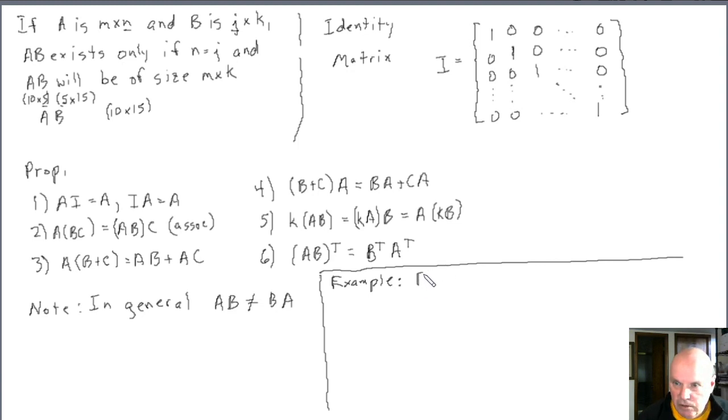This is exercise 2.3.16a, where we're asked to simplify this matrix algebraic expression: A times (3B plus C) plus (A minus 2B) times C plus 2B times (C plus 2A).